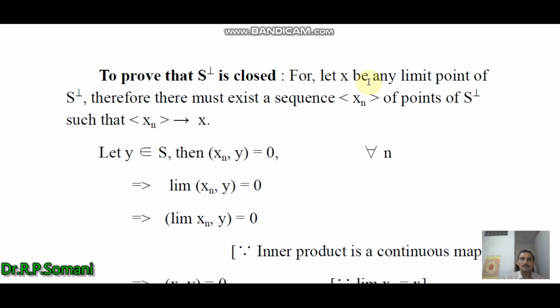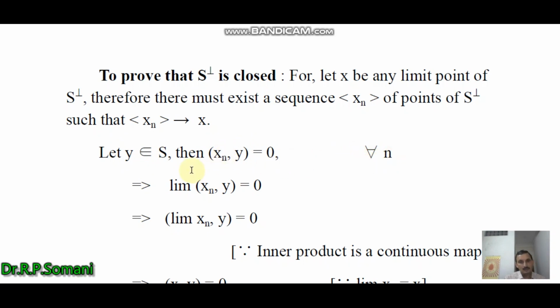For this, let x be any limit point of S orthogonal. Therefore, there must exist a sequence xn of points of S orthogonal such that xn tends to x as n tends to infinity. Now let y belong to S. Then the inner product of xn and y equals 0, because xn belongs to S orthogonal for all n.